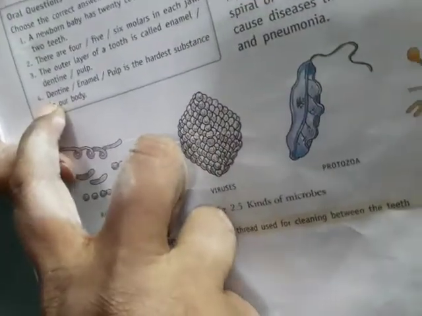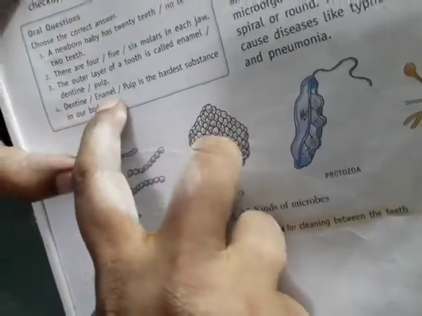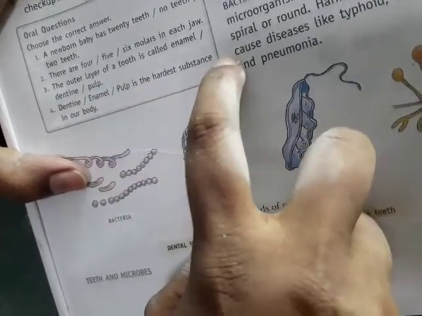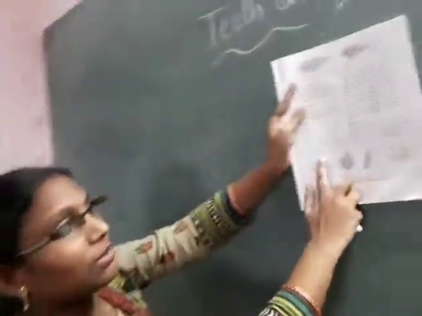And the next, fourth one: dentine, enamel or pulp is the hardest substance in our body. It is the enamel. Enamel is the hardest substance in our body. To recap: a newborn baby has no teeth.